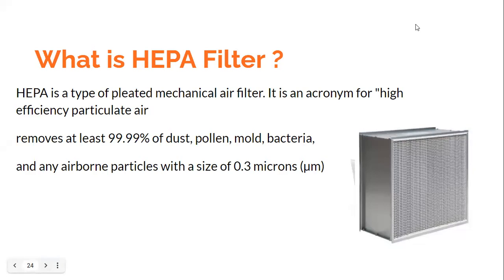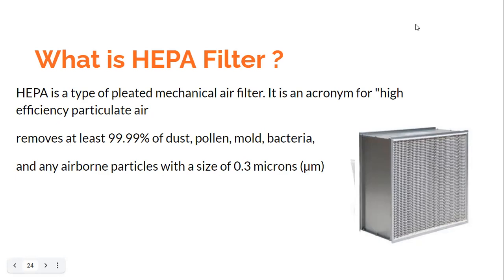These filters are highly efficient in trapping ultra fine particles. So how fine? The size has to be remembered: the size of 0.3 microns, as small as the airborne particle size of 0.3 microns.